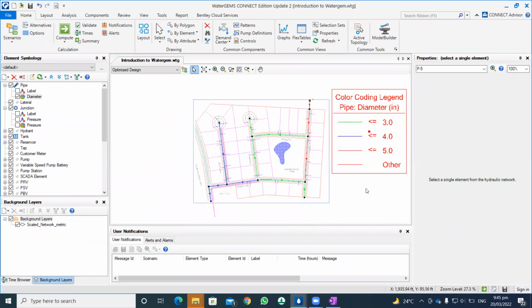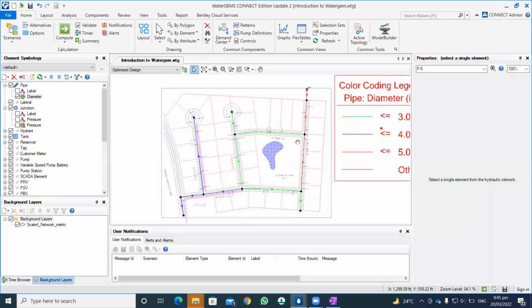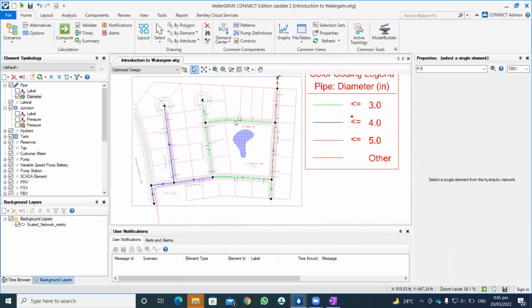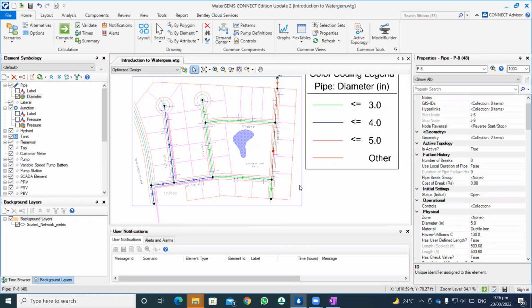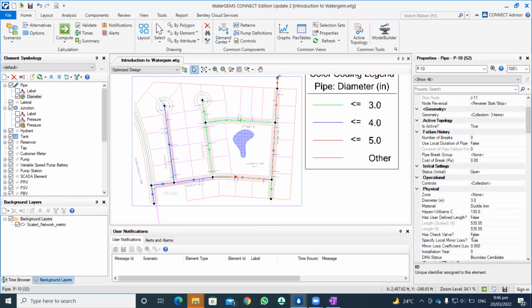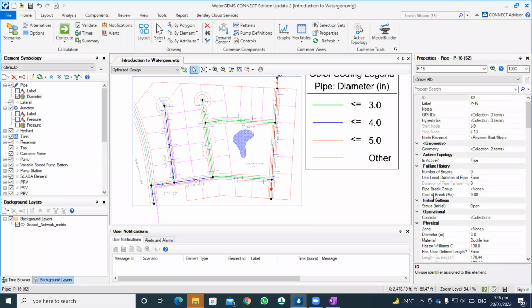The pipes having diameter less than the range in between these two are showing a red color, while less than 3 inch diameter pipes are showing this type of color, and the greater than 3 and less than 4 are showing in a blue color. You can also check these pipes from here, 5 inch diameter and 3 inch diameter pipes.